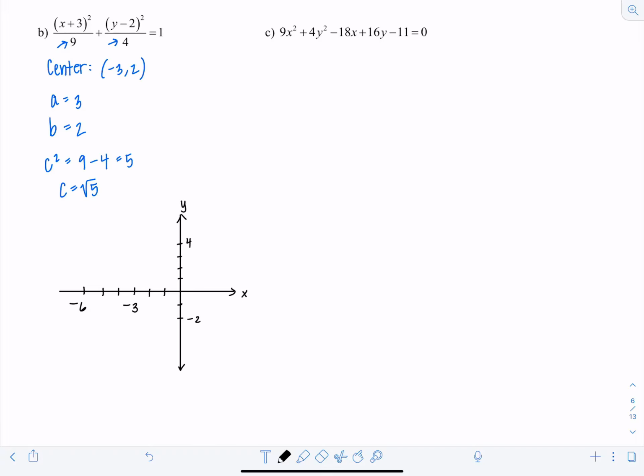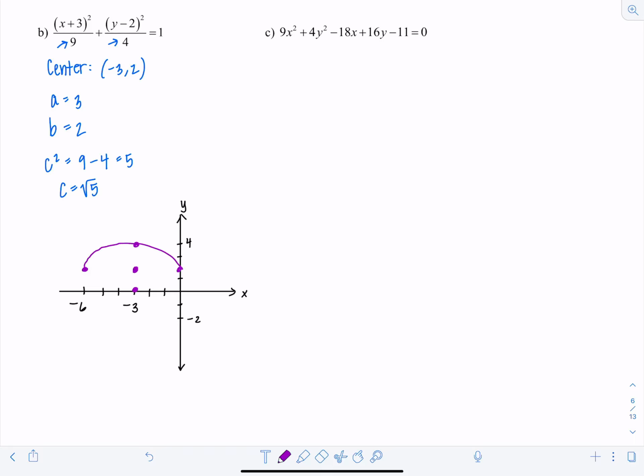X-axis, y-axis. Okay, center is at (-3, 2). That's right here. In the x direction, I'm going to go 3 to the right, 3 to the left. In the y direction, I'm going to go up 2, down 2.